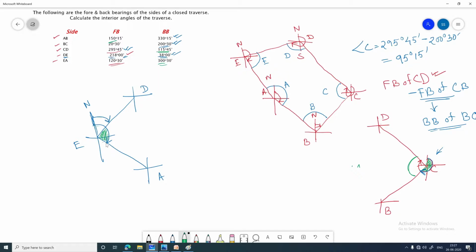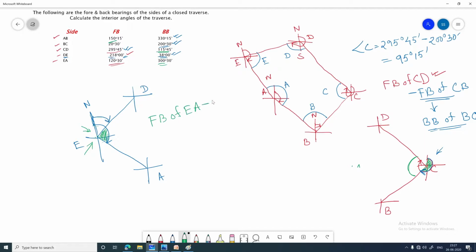So this total angle means what? The forebearing of EA, that means you are watching from E to A side. This is the forebearing of EA, and you just deduct the forebearing of ED. That means if you see from E to D side, this is the forebearing. So forebearing of EA minus forebearing of ED, simple.